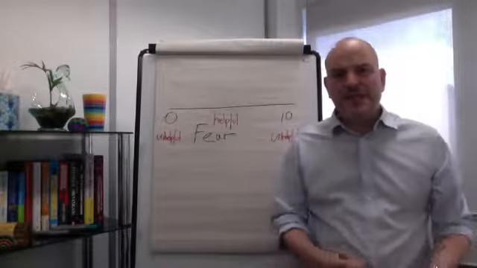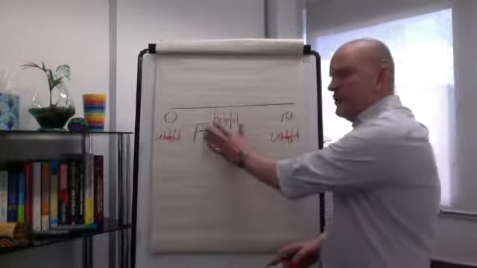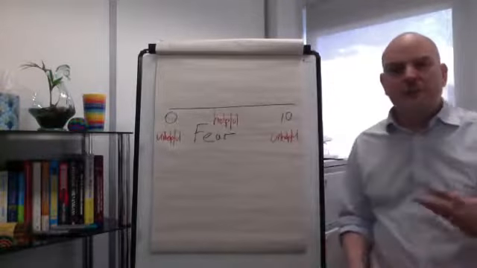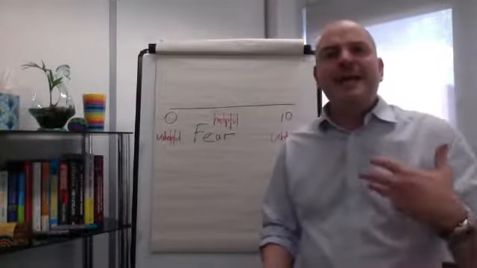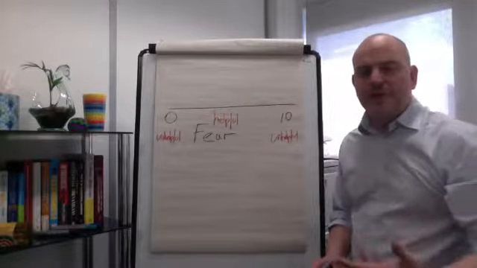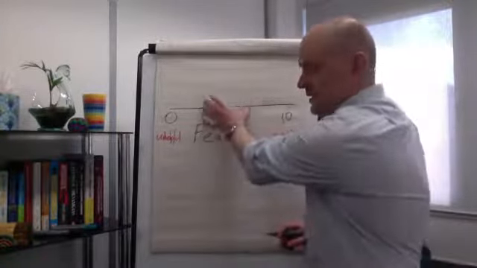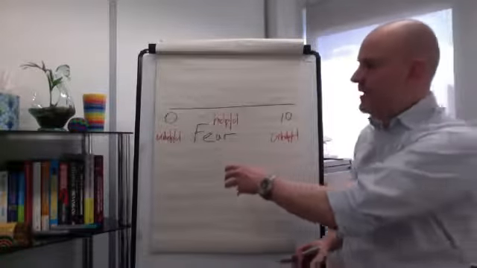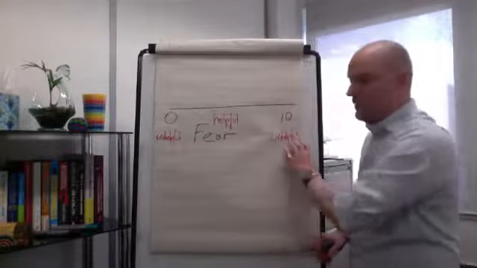So, what you can see here is it's not the emotion itself which is positive or negative. It is the intensity at which we feel that emotion and whether or not it's helpful when we feel it at the right level and whether or not it's unhelpful.